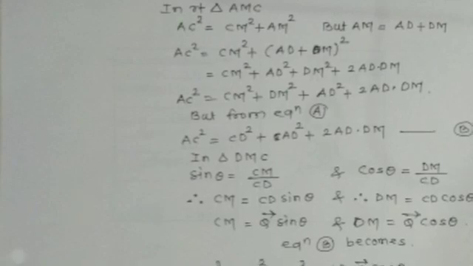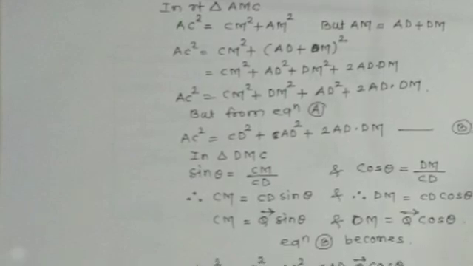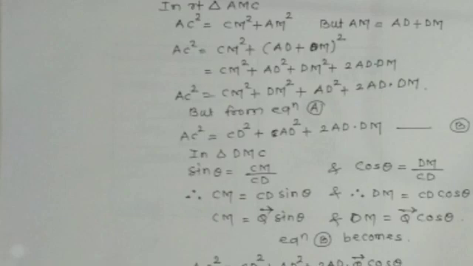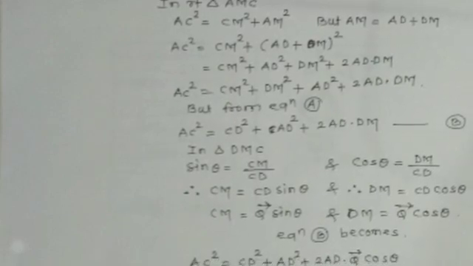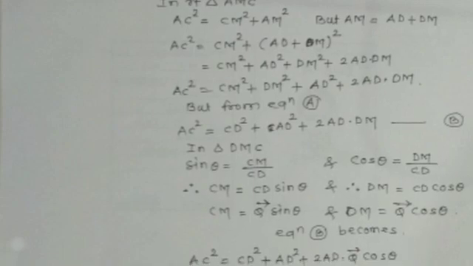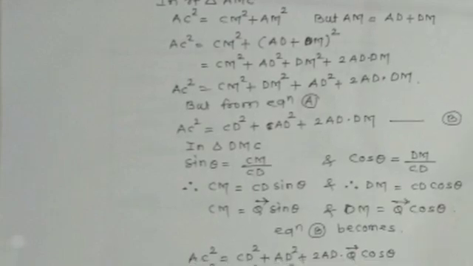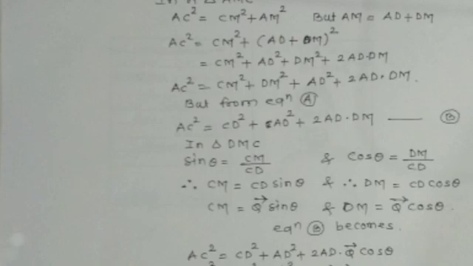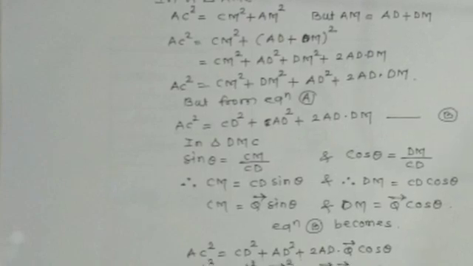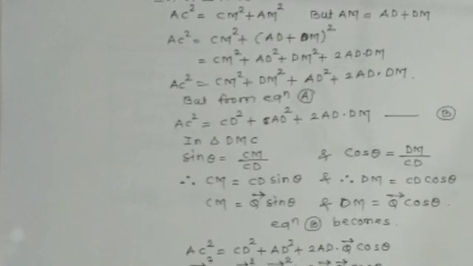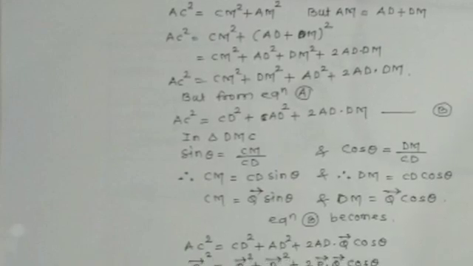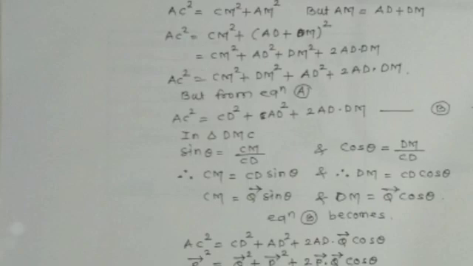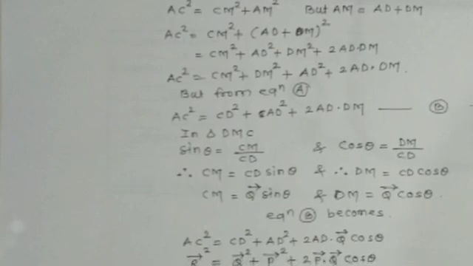Therefore, AC square is equal to CM square plus in bracket AD plus DM bracket square. If we solve, we see AC square equal to CD square plus AD square plus 2AD into DM.